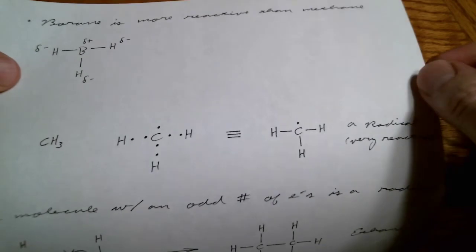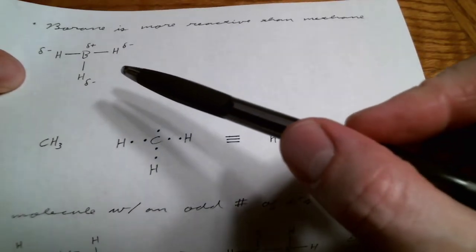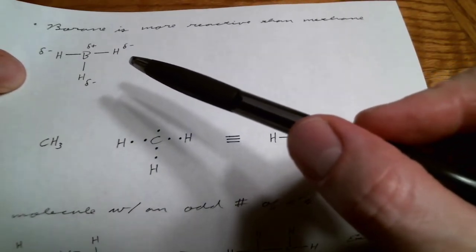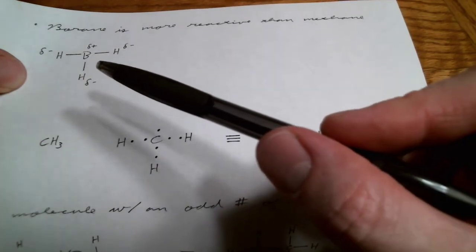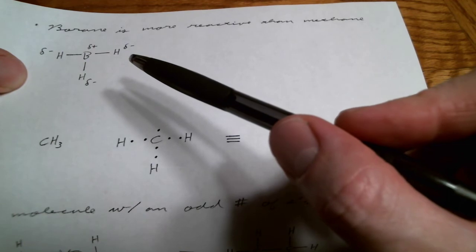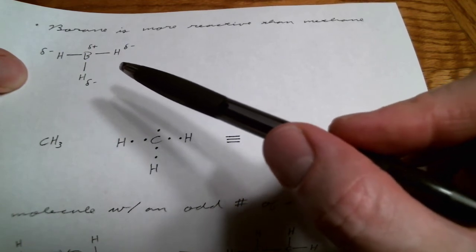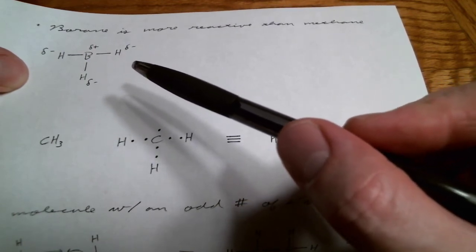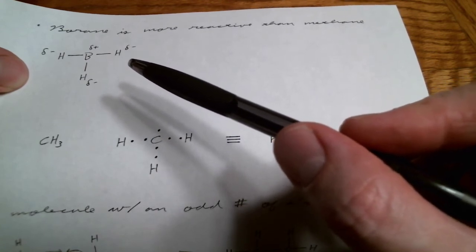Borane is more reactive than methane, so hydrogen has slightly greater electronegativity than boron. It's got 2.2 versus 2.0. So each of the hydrogens in borane is really hydride-like. It really has a delta minus characteristic.